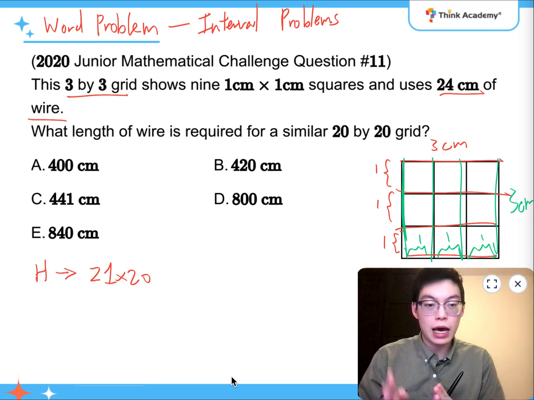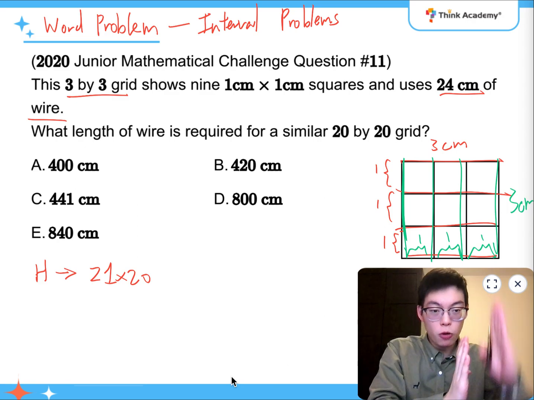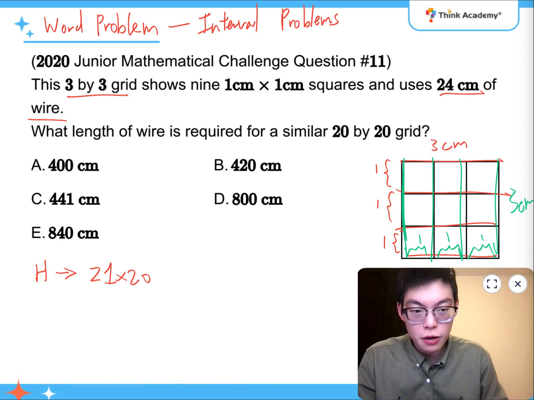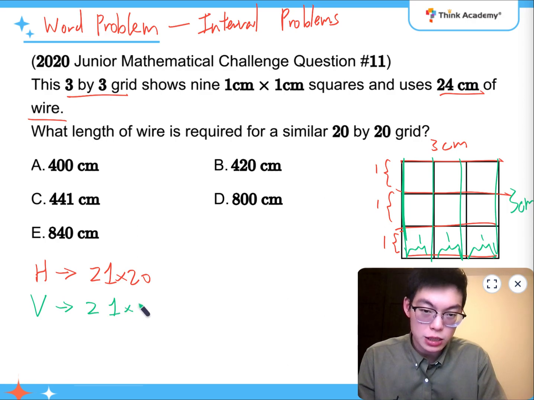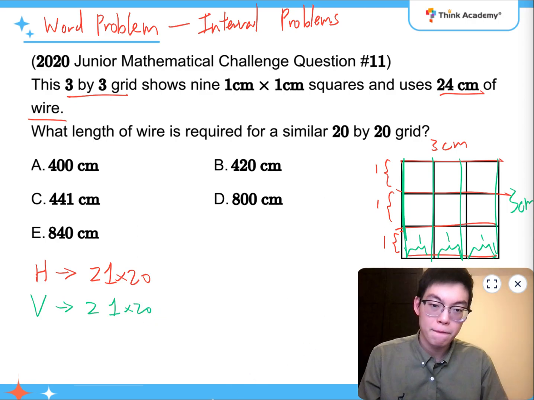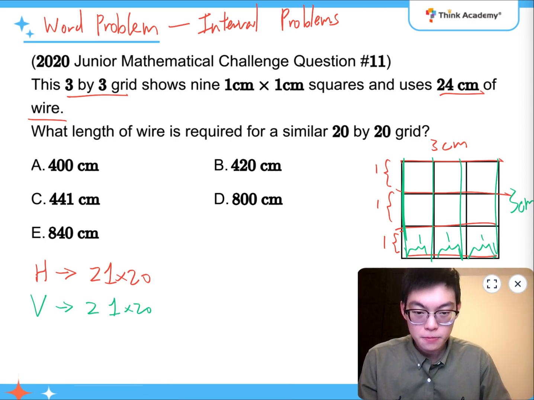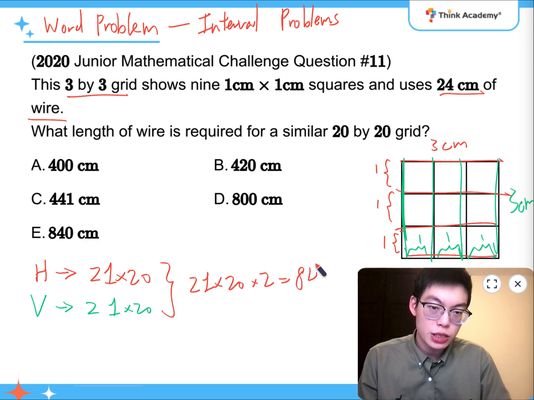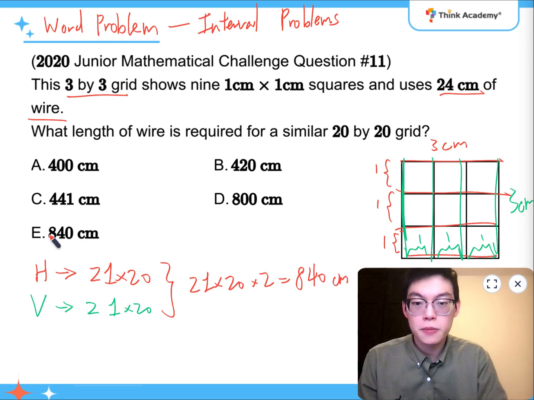Which means that I have 21, which is 1 more than 20 wires going vertically, each of them having a length of 20 centimeters. So for the vertical direction again, 21 times 20. Altogether, that's just going to be 21 times 20 times 2, which is 840 centimeters.